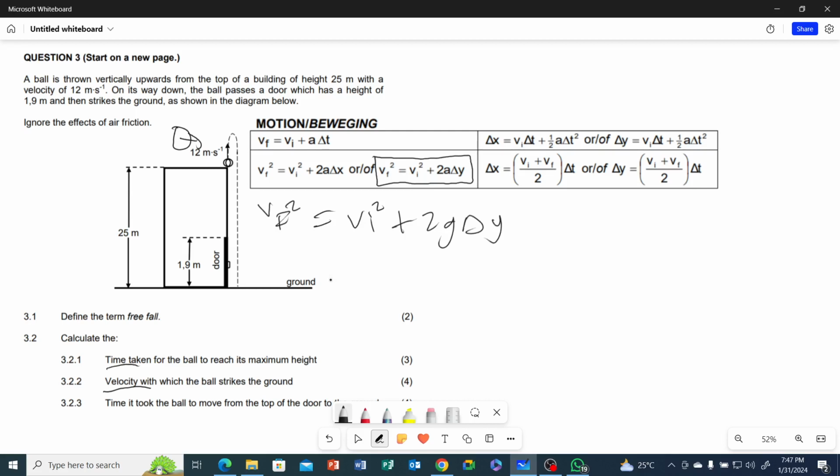Now we are looking for the velocity with which the ball strikes the ground, so we are looking for Vf, which is unknown. Remember, I took upwards as positive.